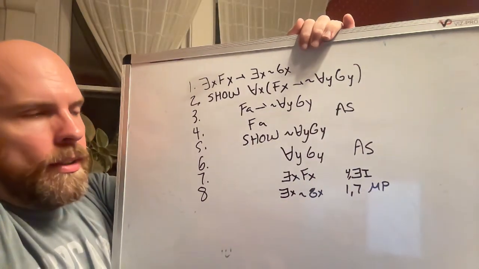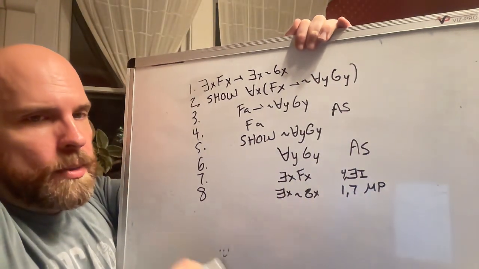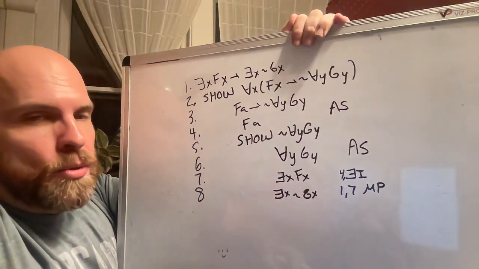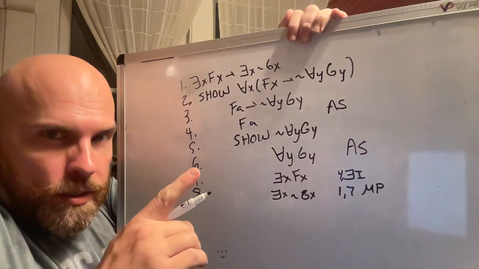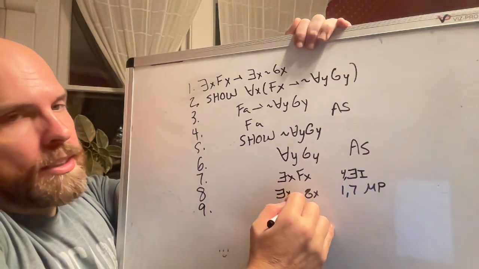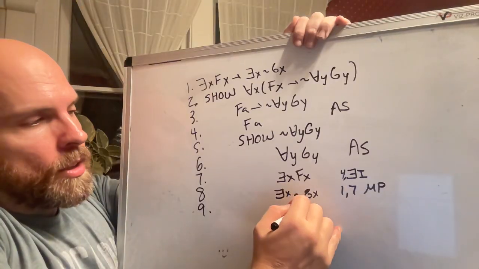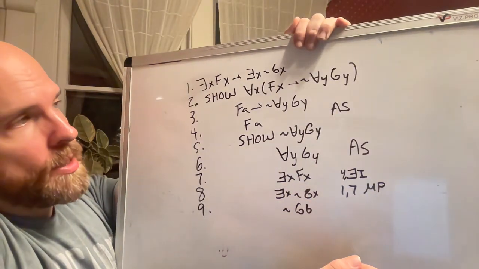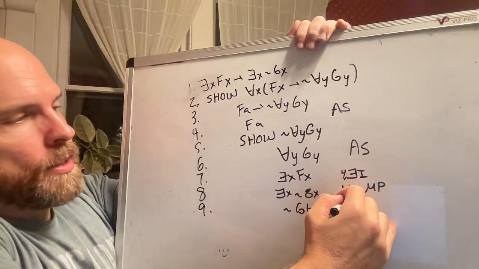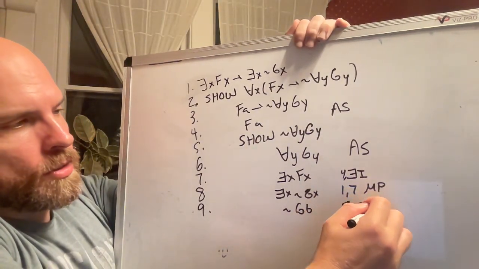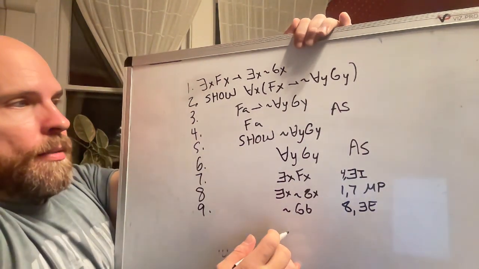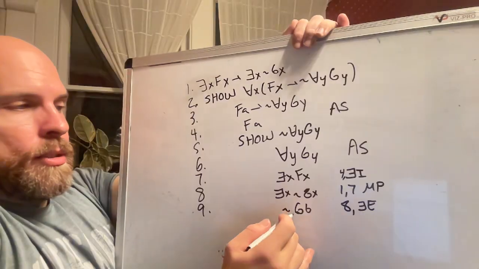Now, I have this, and that allows me, if I'm thinking carefully, to drop off the existential on line 9, as long as I instantiate to a constant that has not appeared on a previous line. B has not appeared on a previous line. So what am I doing? Line 8, existential elimination. What do I have? Well, I have not GB.